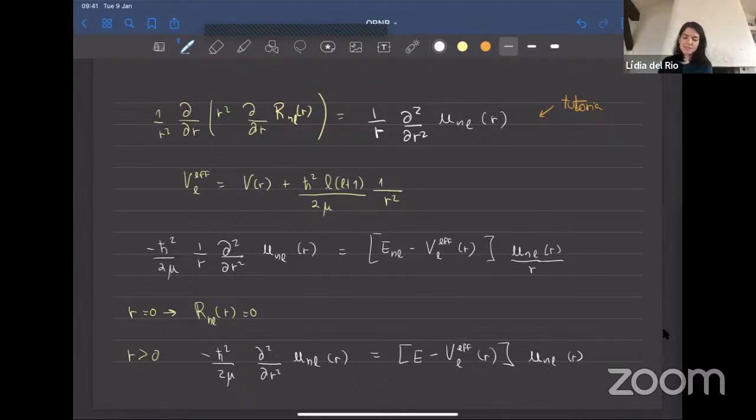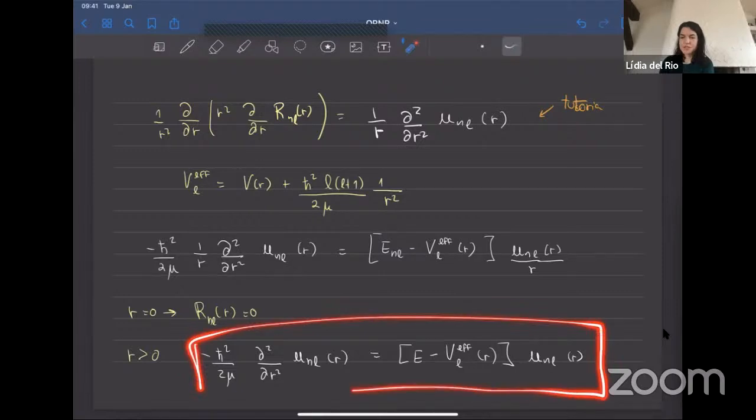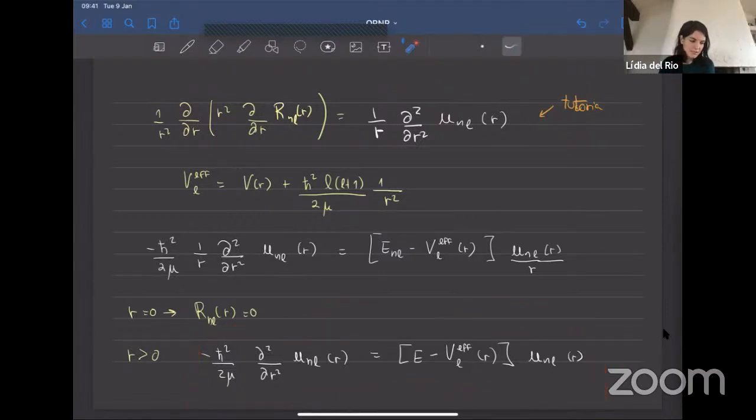Because this is exactly the same equation as we had when we were talking about stationary states in 1D. If you had the Schrödinger equation in one dimension with just some potential that depended on just a variable x, then this was exactly the Schrödinger equation for stationary states.